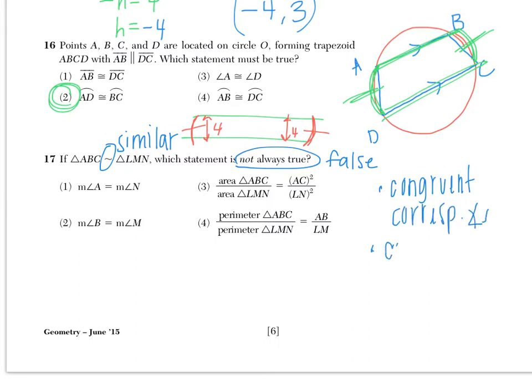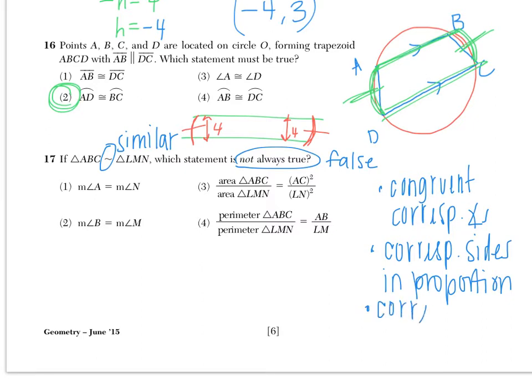And their corresponding sides are in proportion. We also know that corresponding perimeters are in proportion, in the same proportion as sides.